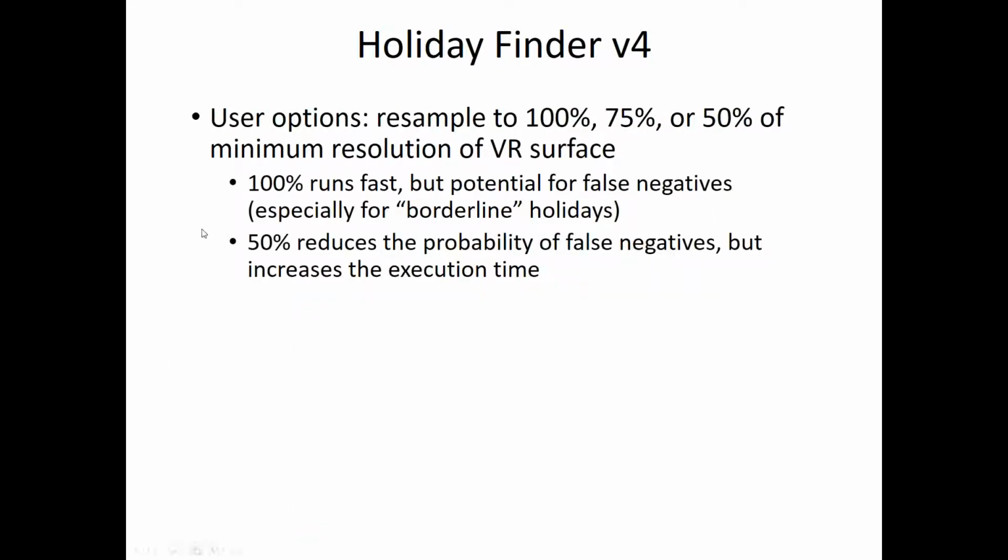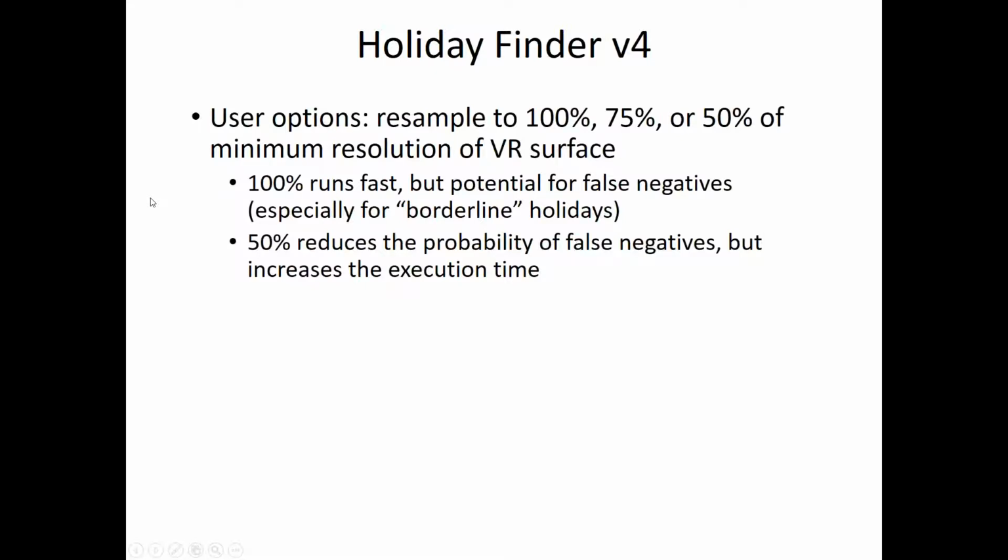So there's a couple of user options there, and we'll explore this more in the demo. You can resample to 100%, which would be, say, for a minimum resolution of 1, it would resample it to a 1 meter grid, all the way down to 50%. So that would resample it to 50 centimeter. So there's some pros and cons here.